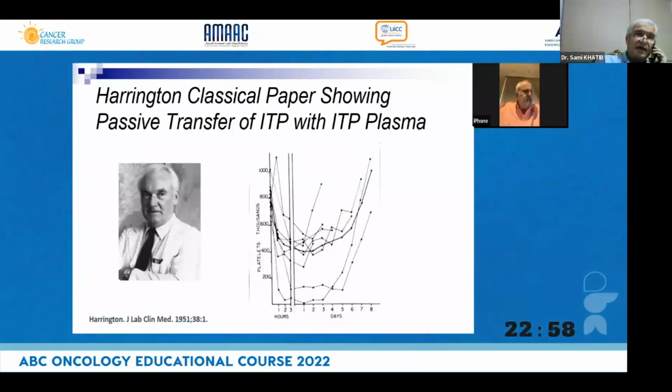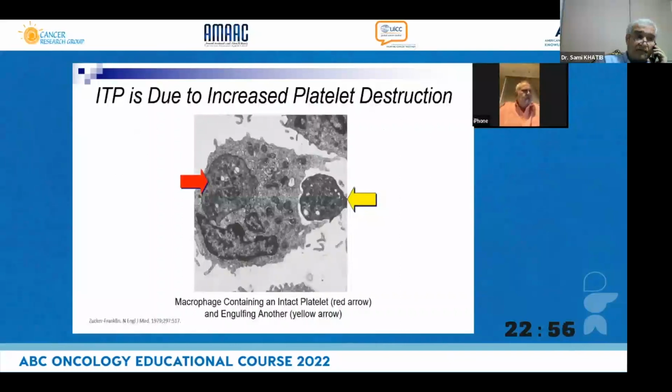We know now that ITP is due to increased platelet destruction. In this very nice diagram, you see on the left side a macrophage containing platelets, seen with the red arrow, and on the right side a platelet being engaged by a macrophage to be endocytosed.